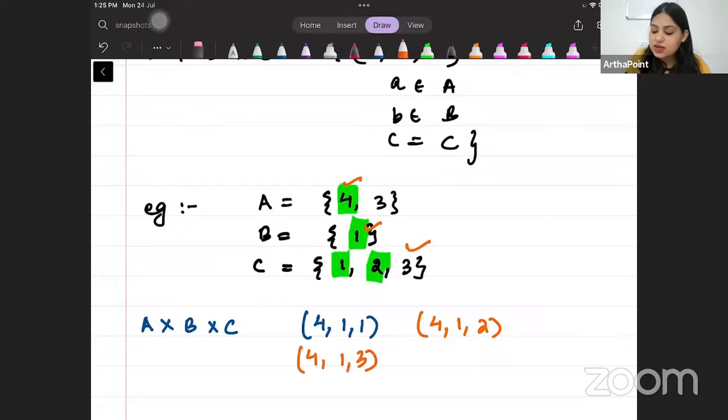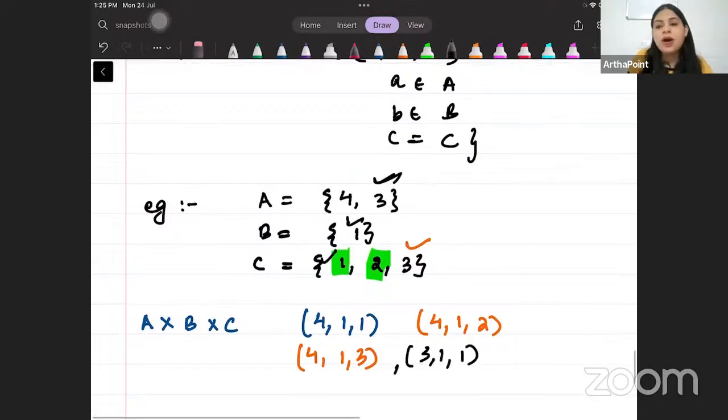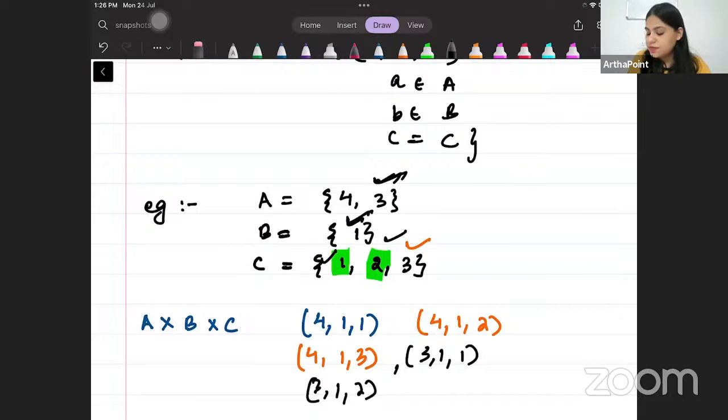Then you will start the same combinations, but now you will start taking from the second element of A, beta. तो अब यहाँ से शुरू कर देते हैं. So 3, 1, 1. 3, 1, 2. 3, 1, 3. यही तो elements बन रहे हैं बेटा.